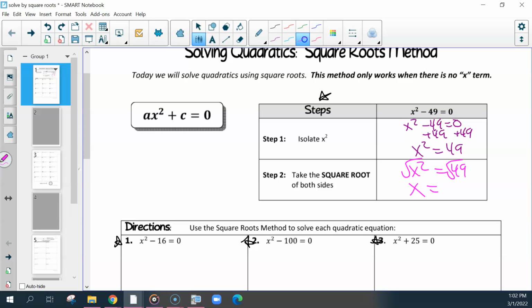If you're not sure what this would be, first, if you don't have your calculator, go grab it. Everybody go get your calculator.